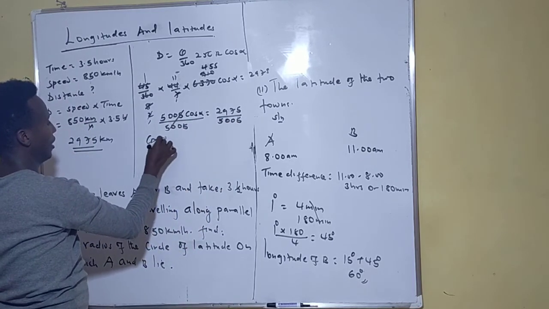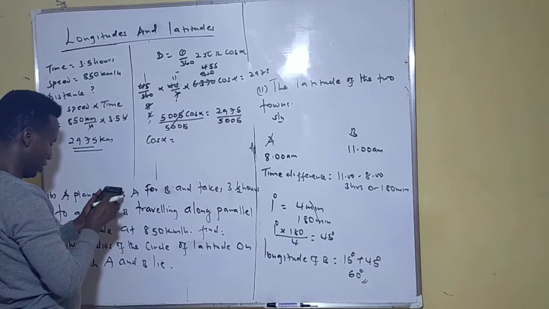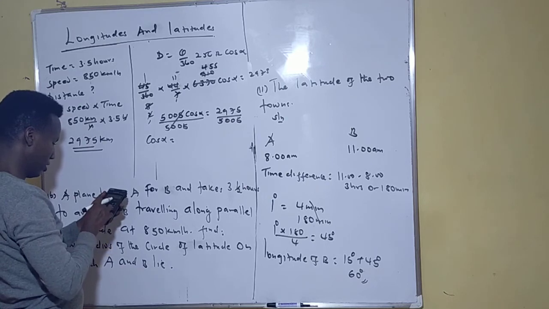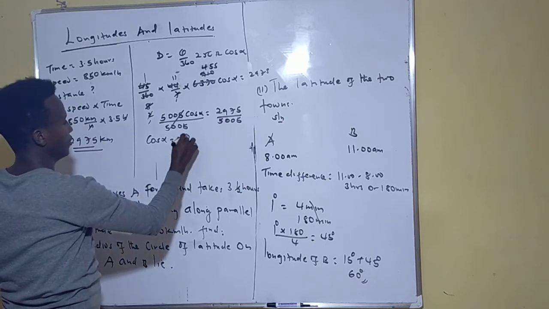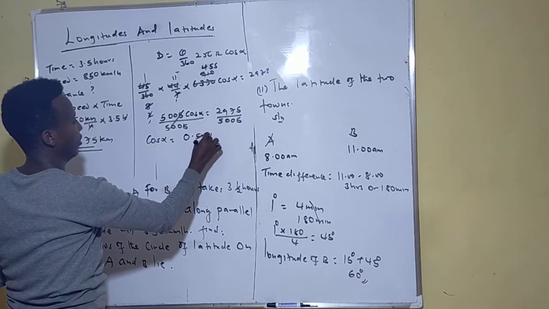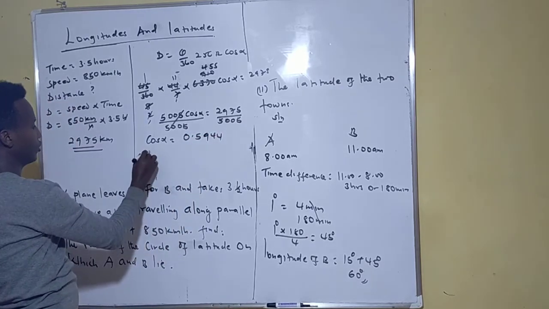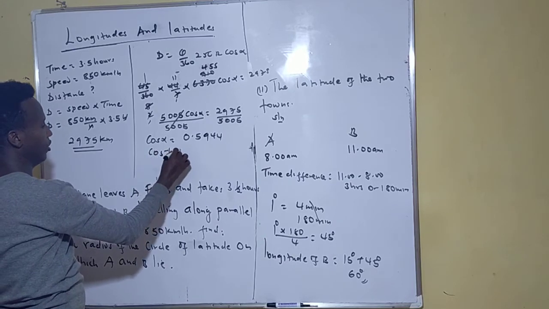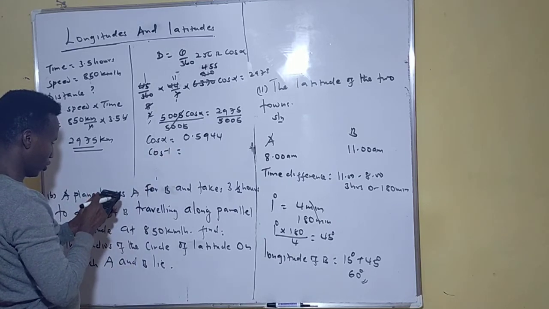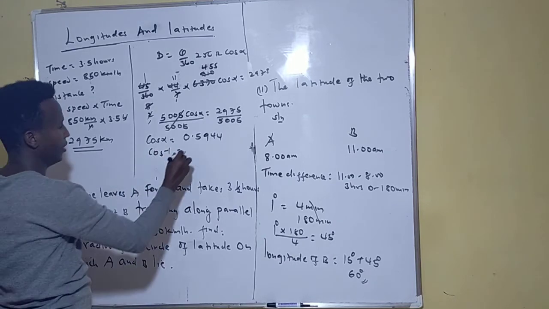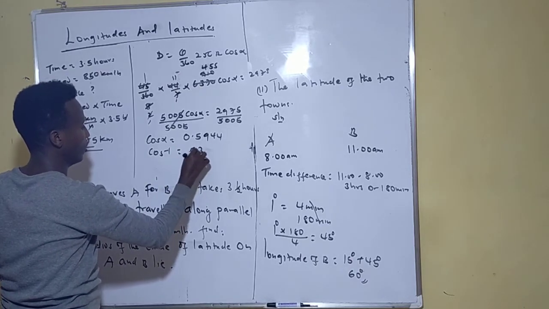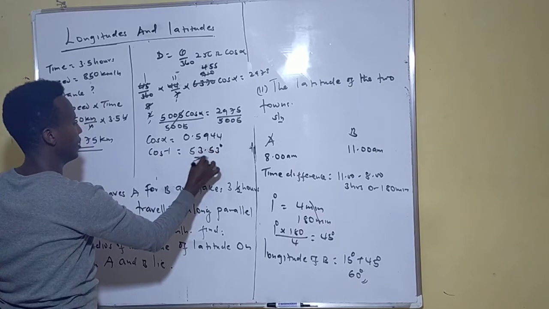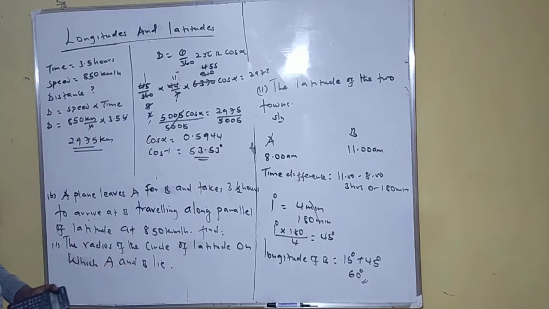So cos alpha will be 2975 divided by 5005, that is 0.5944. Then cos inverse, look for the angle. Shift cos, our answer is 53.53 degrees. So this is what we have gotten, the latitude.